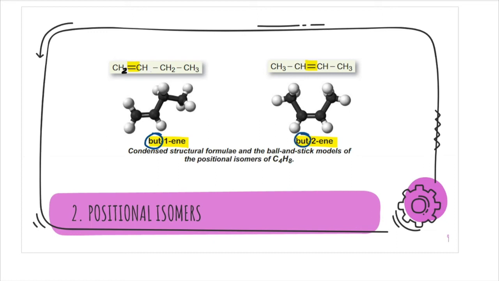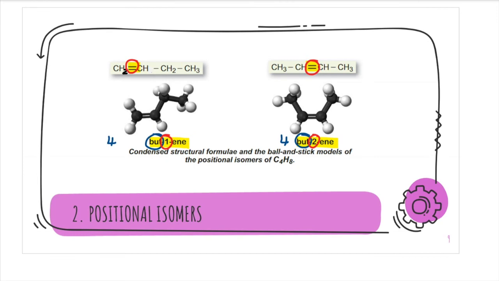Both have the stem name bute, which refers to 4 carbons in the longest chain. But if we look at but-1-ene, we see that the functional group, the double bond, falls onto carbon number 1. And in but-2-ene, the functional group falls onto carbon number 2. So we see very clearly here that the position of the functional group has changed, and this is why but-1-ene and but-2-ene are called positional isomers.